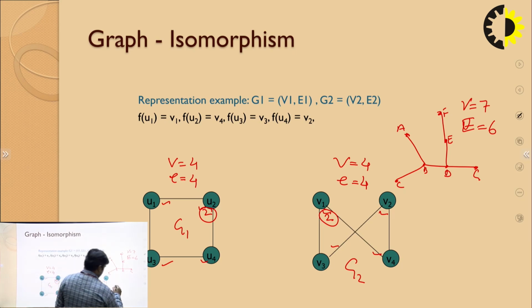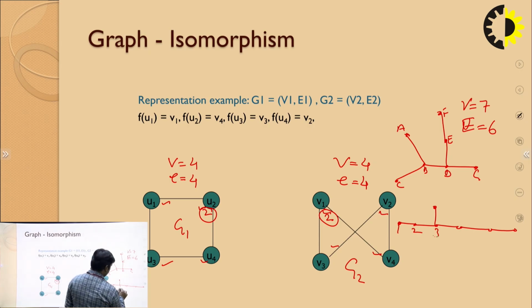We take another graph with vertices 1, 2, 3, 4, 5, 6 and 7.